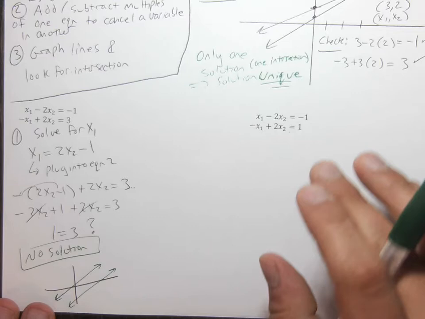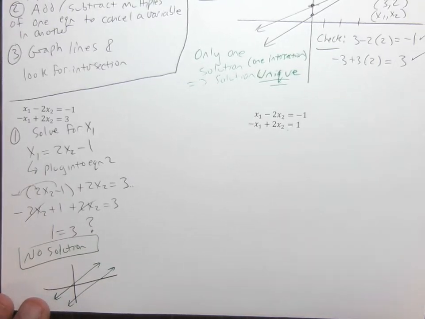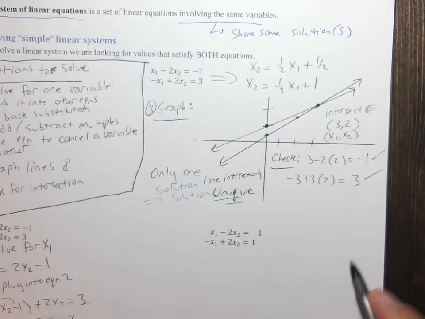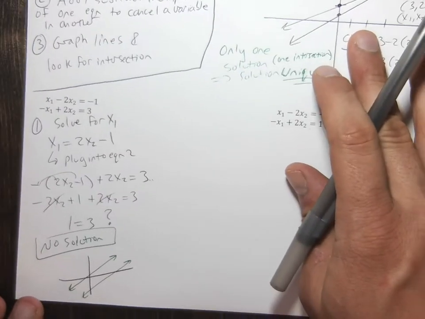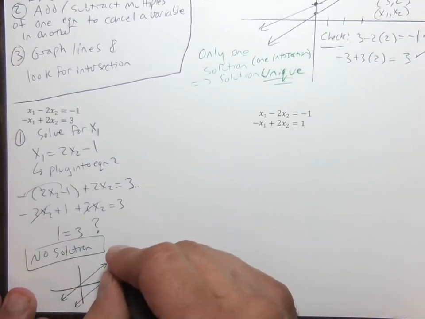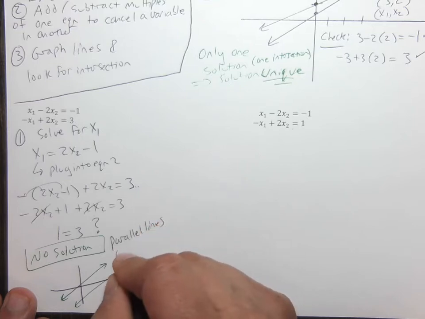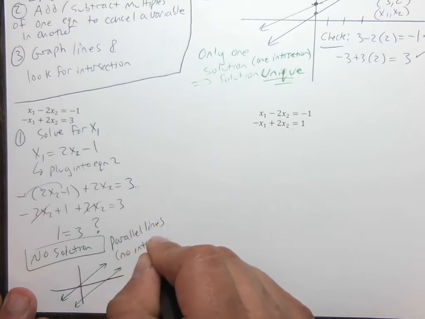They both have a slope of 2. And so they're never going to intersect. They have the same slope. That's what makes parallel lines. And so when you have parallel lines, you're not going to get an intersection point like we did here. And so that's what makes no solution on this one. We ended up with parallel lines. In other words, no intersection.